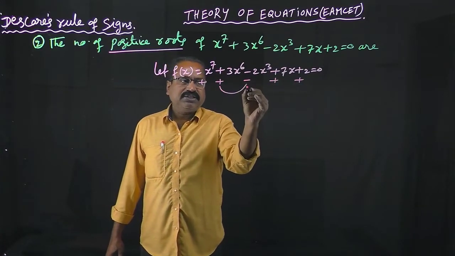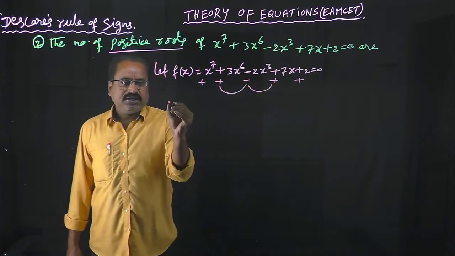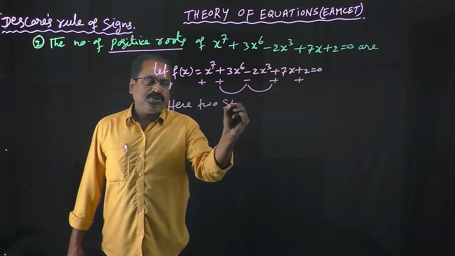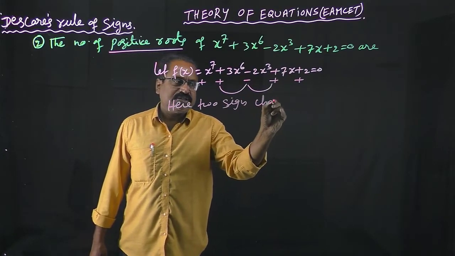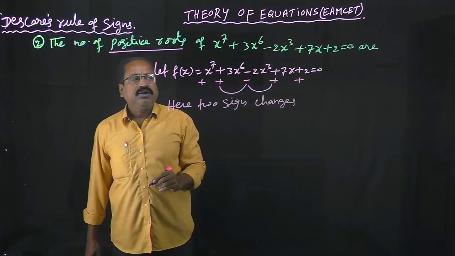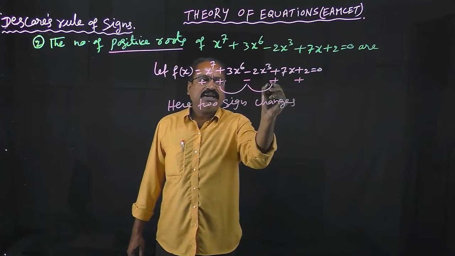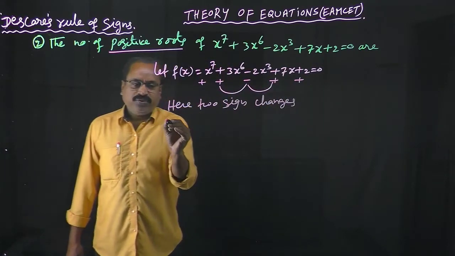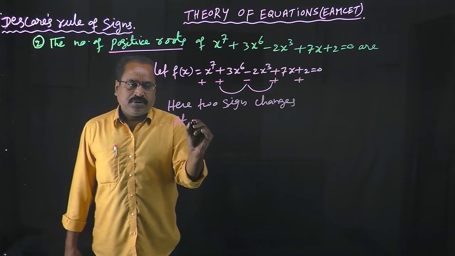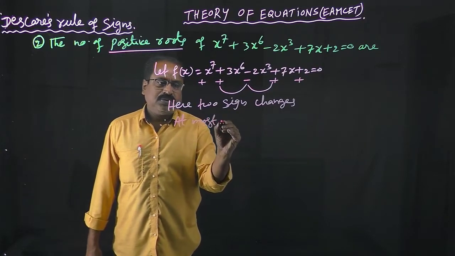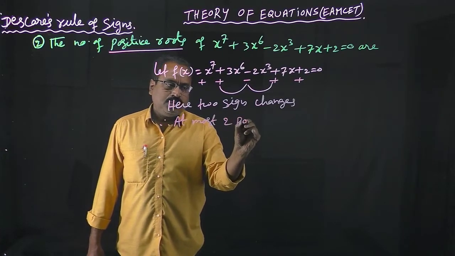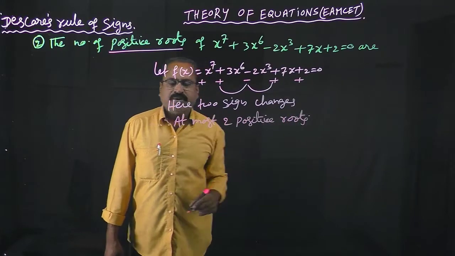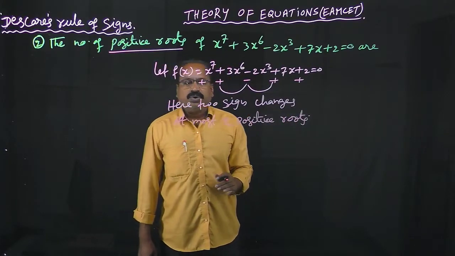Plus 2 minus, minus 2 plus. Here 2 sign changes. Therefore, at most two positive roots.